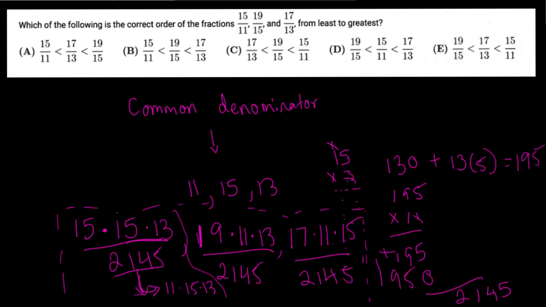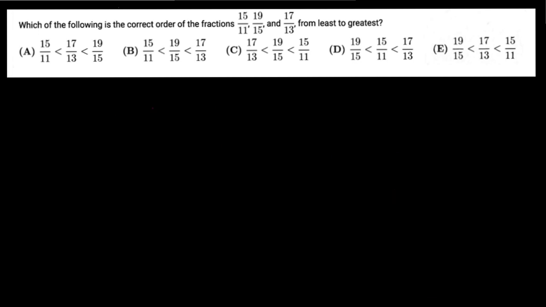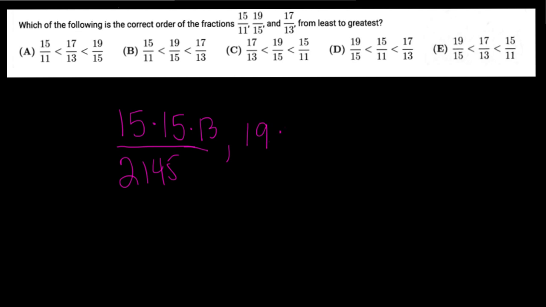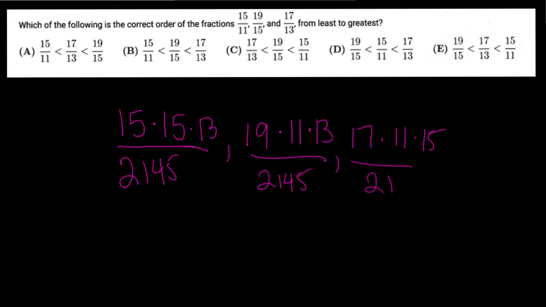Alright, so I'm running out of space here. I'm going to go ahead and clear that again. So I'm going to rewrite that out. So again, we multiply both sides of our fraction bar by the same thing, otherwise we won't get an accurate answer. So 15 times 15 times 13, 19 times 11 times 13 over 2145, and 17 times 11 times 15 over 2145.